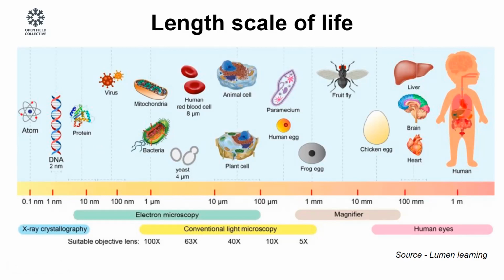And that assembly keeps growing on, and we can have more and more complex organisms. So we know that humans, which we can see by our naked eye, or anything which is visible to us, is in this range, which is usually in millimeters or meters, which we can really see with our naked eye.